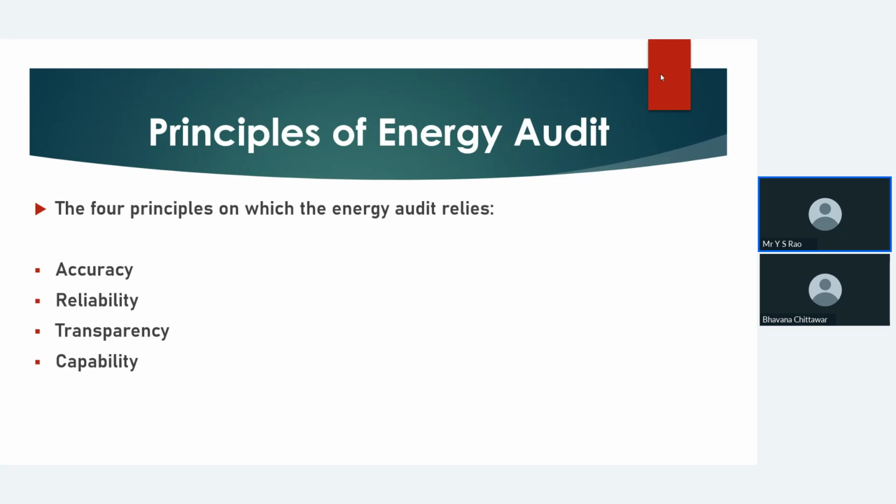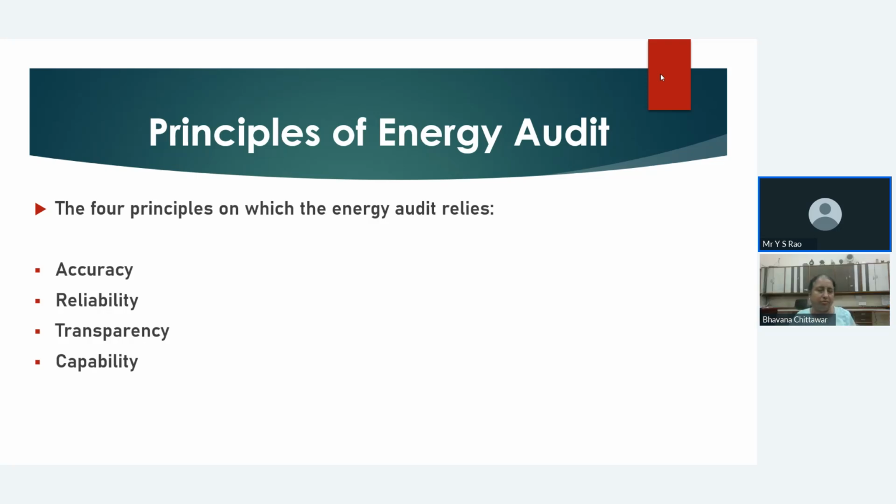Energy audit is a complex activity that principally depends on the accuracy of testing and measuring instruments. If there is a lack of testing or unavailability of testing and measuring instruments at site, then the accuracy of the reports will be in question. The accuracy of the observations, the accuracy of the findings will always be in question.